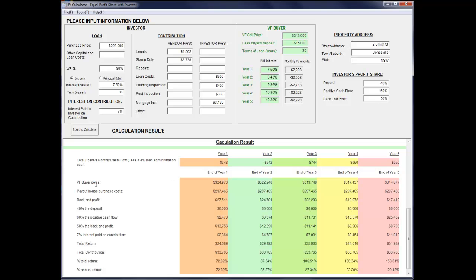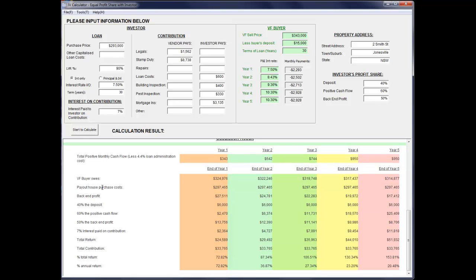What the investor wants to know is what sort of return they are getting on their money. Well, these columns below, end of year 1, end of year 2, end of year 3, end of year 4 and end of year 5, show the results at the end of each year, if at the end of each year the vendor finance buyer had refinanced into a traditional loan.